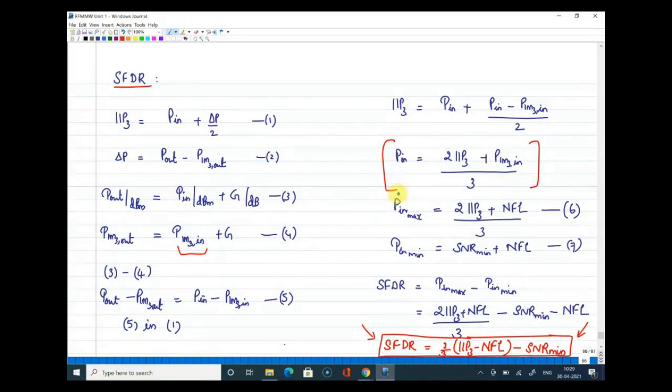Now to write P in max, the input signal maximum, I have equated the input IM3 products equal to NFL. Now the question raised by Naveshri is: if I'm equating input IM3 power equal to NFL, definitely at the output side your IM3 products will be above this noise floor level. So is it right to express it that way? Lalit, I hope you understood the question.